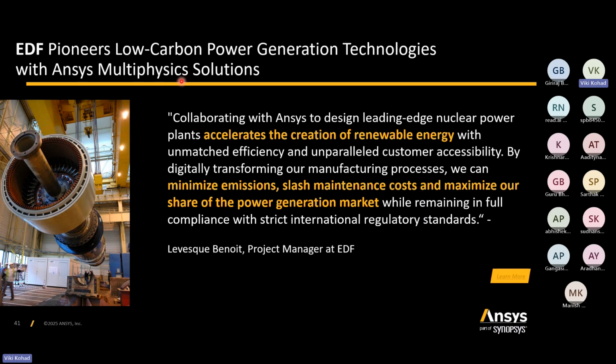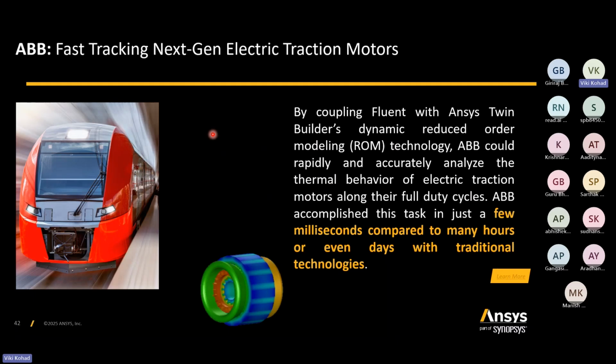They are also using it to minimize emissions and maintenance cost and maximize their power generation. They are basically doing these things by using digital twin technology and the ANSYS multi-physics solution. Here ABB is also using it for fast-tracking next-gen electric.